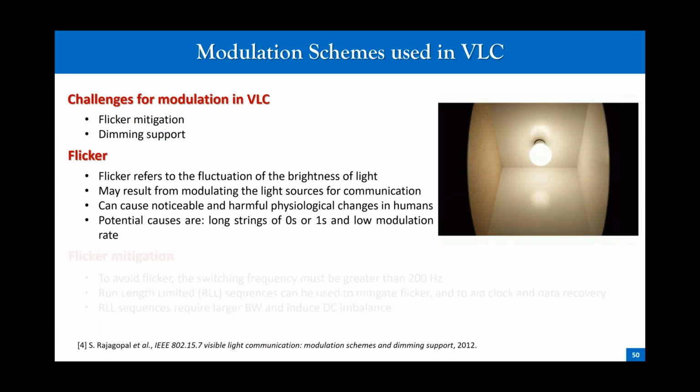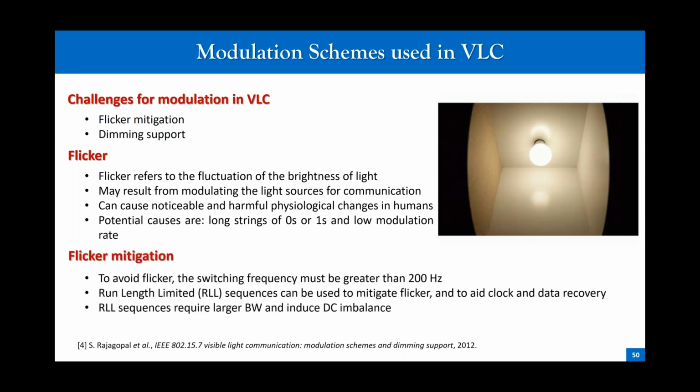So we do not want to do this. And typically for flicker mitigation, you can have what is known as run length coding. So you do not allow long trains of ones and zeros. You try to insert a few ones when you see a lot of zeros, and when you see a lot of ones, you insert a few zeros.